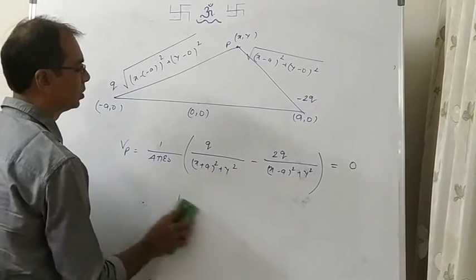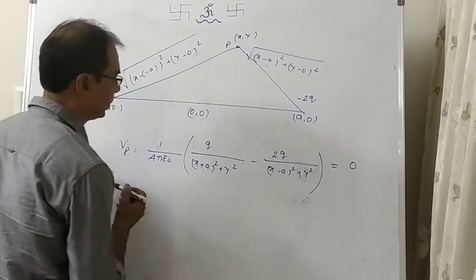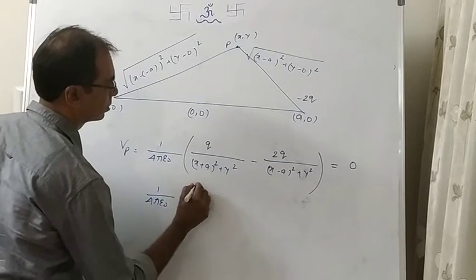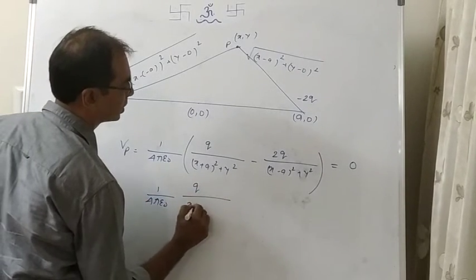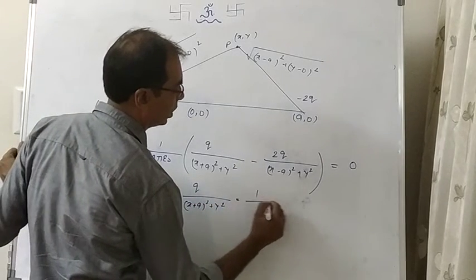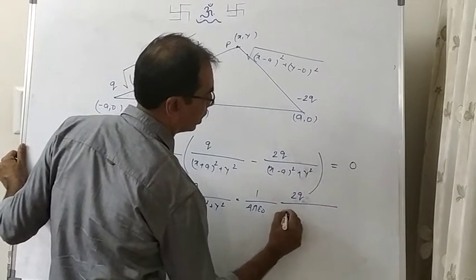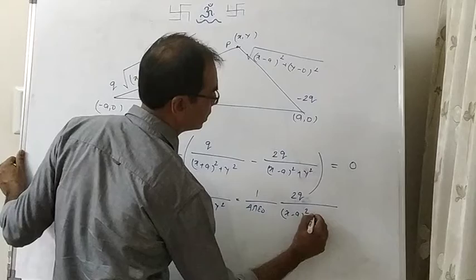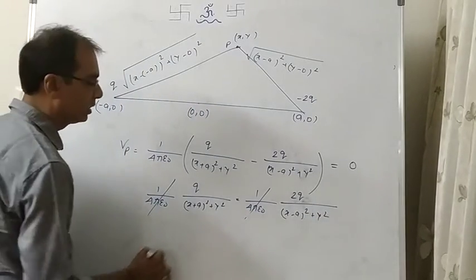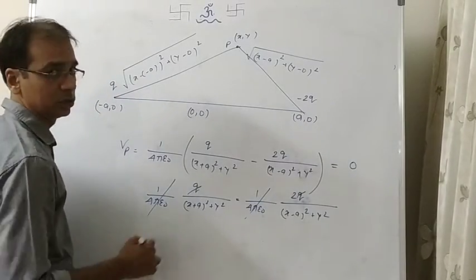So 1 by 4 pi epsilon naught q by x plus a whole square plus y square equals 1 by 4 pi epsilon naught 2q by x minus a whole square plus y square. This gets cancelled, q is gone. Now we can do the cross multiplication and it can be solved easily.